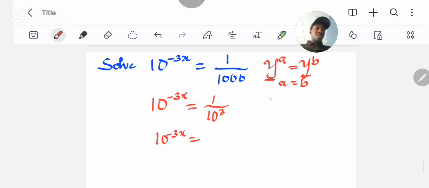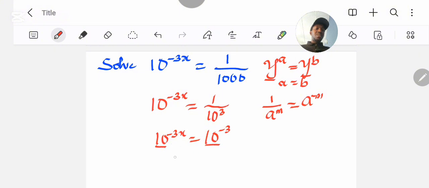Now, if we have 1 over a raised to power m, this is also equal to a raised to power minus m. That means this 1 over a raised to power m, by the time it goes up, it becomes this. That means 1 over 10 raised to power 3 is also the same as 10 raised to power minus 3.